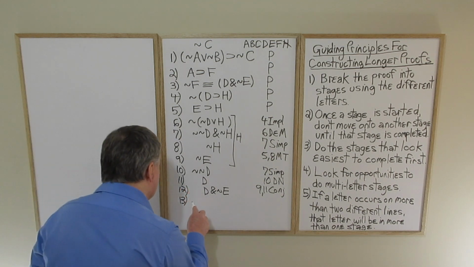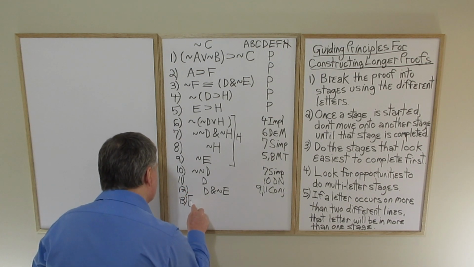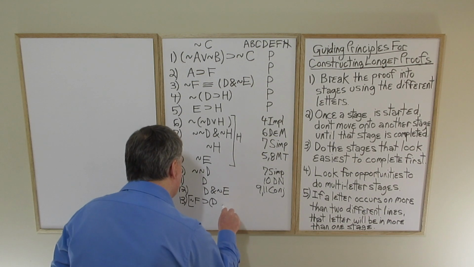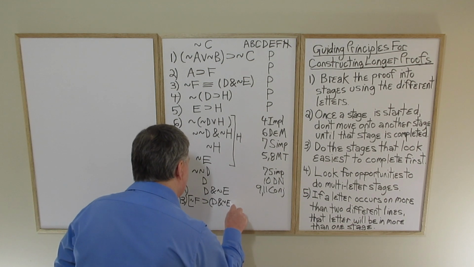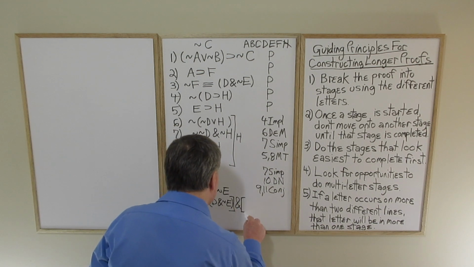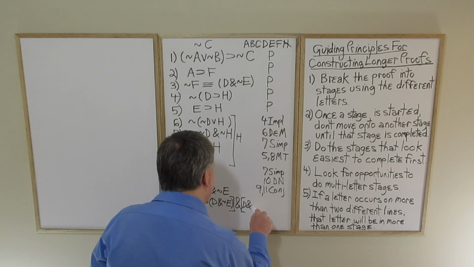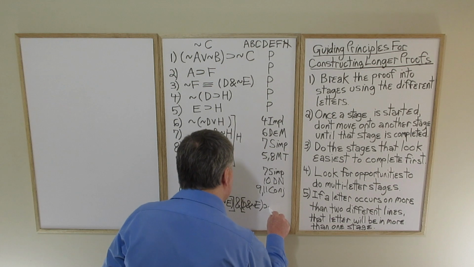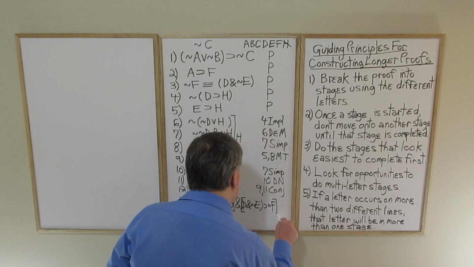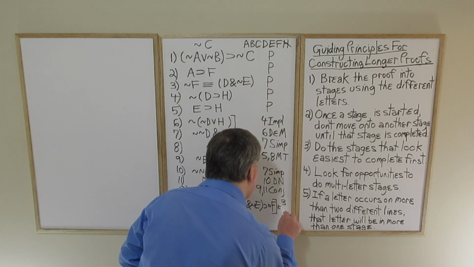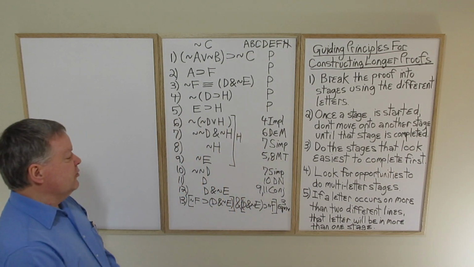Now, we do the equivalent step, tilde F, horseshoe, D and tilde E, and D and tilde E, horseshoe, tilde F. So that's 3 equivalence.